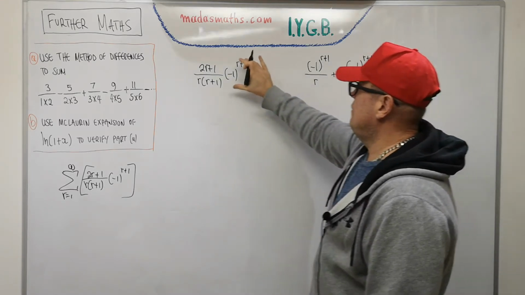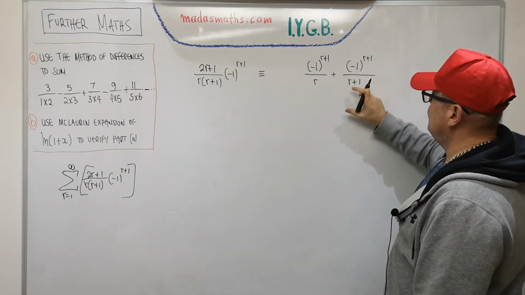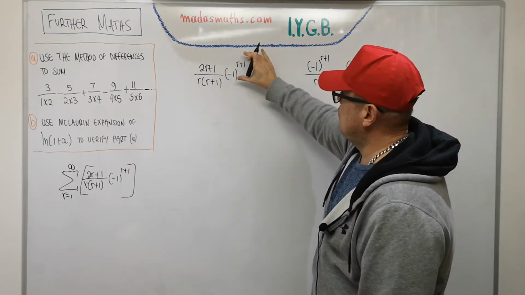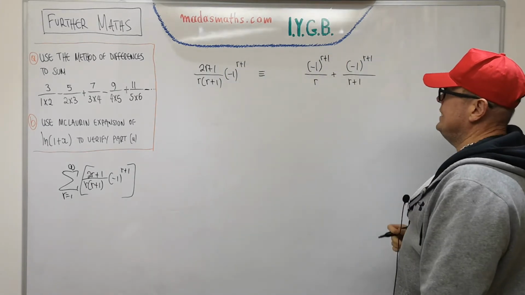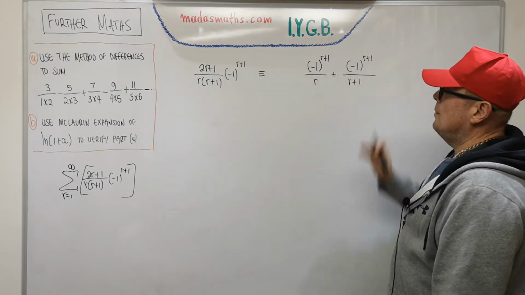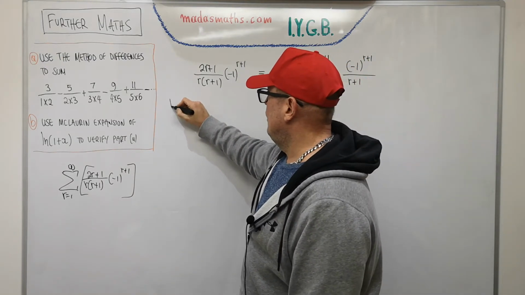All I've done is ignore that for the time being. This is my partial fractions, with 1 over r and 1 over r plus 1. And then because this is multiplied by the alternating term, I multiply the alternating term with each of the two terms from the partial fractions. So what I'm going to say next is the usual stuff.